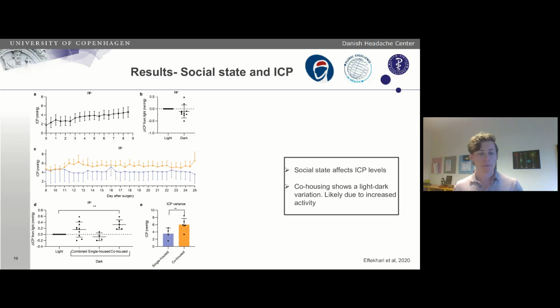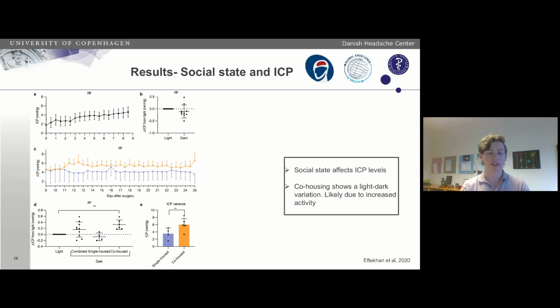And this co-housing also has an effect on what we see with regards to active versus non-active ICP variation. Looking at D, you'll see that when a rodent is single housed, there is no variation between what ICP looks like when it's light versus dark. Whereas when they're co-housed, you do have an increased intracranial pressure when they're active.